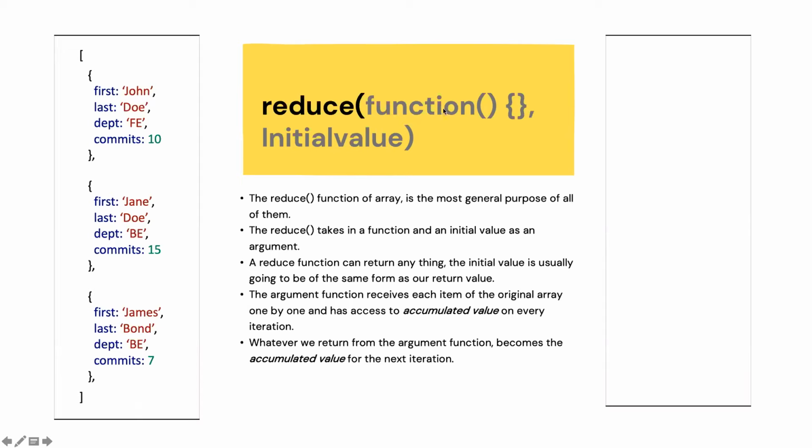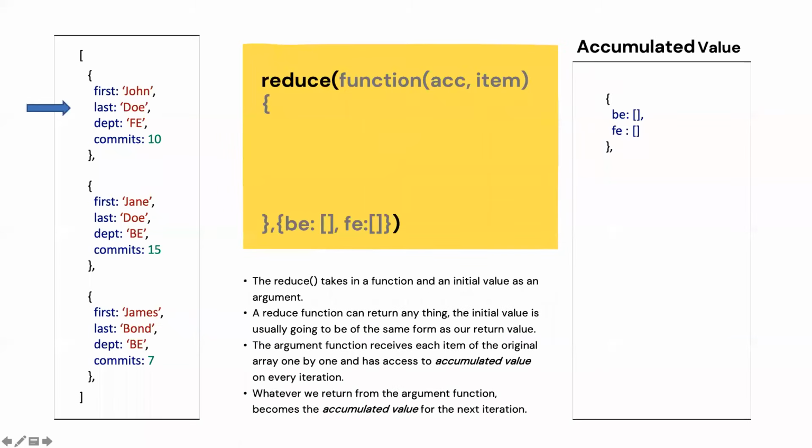The argument function receives each item of the array. This is again the same as map, but at the same time, it also has access to an accumulated value on every iteration. We'll look at it with an example, then it will make much more sense. So this is an array. We are calling a reduce function here, and it takes in a callback function and an initial value.